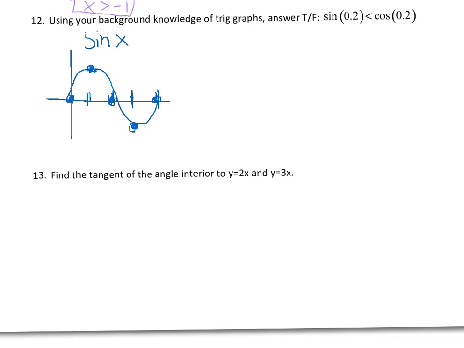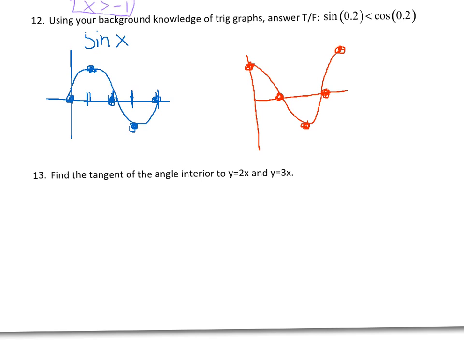And then if we draw the cosine graph, we want to remember that the cosine graph starts up at 1. At pi over 2, it hits 0. At pi, it goes down to -1. At 3 pi over 2 it comes back to 0 and back up to 1 at 2 pi.